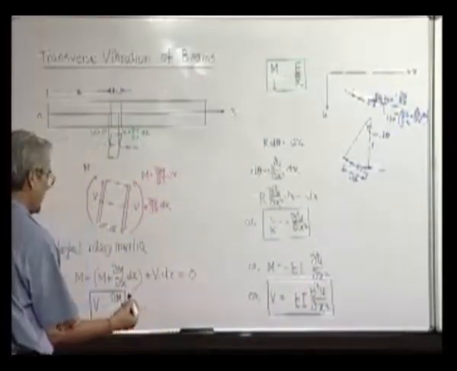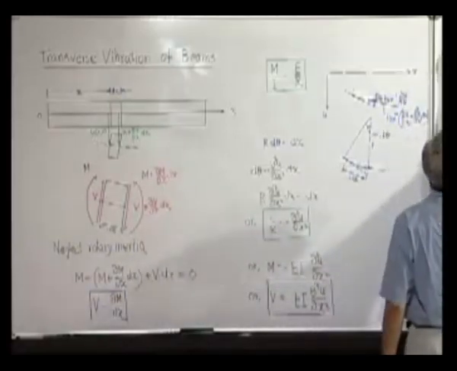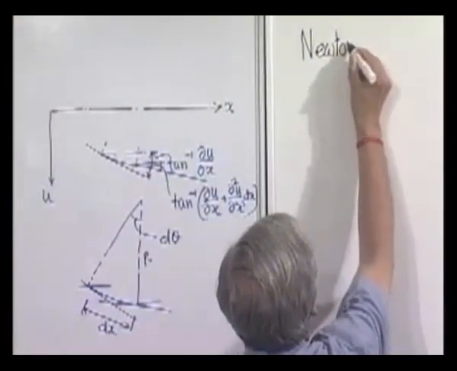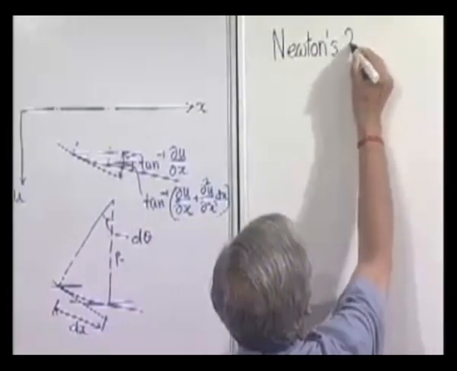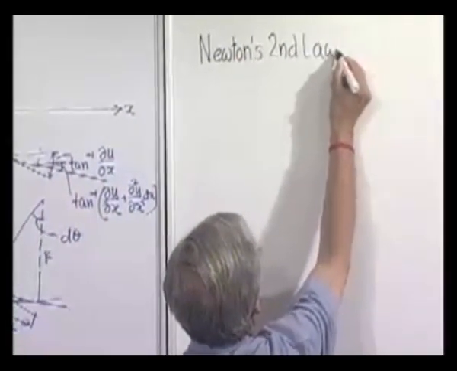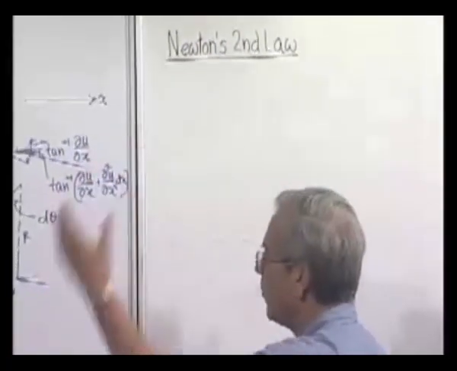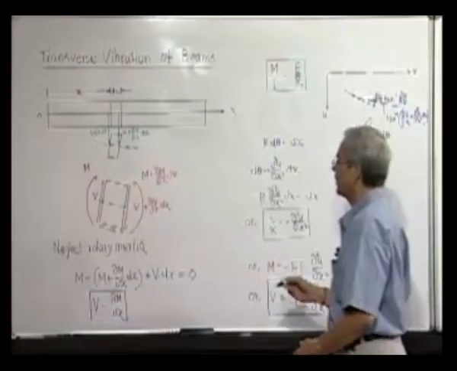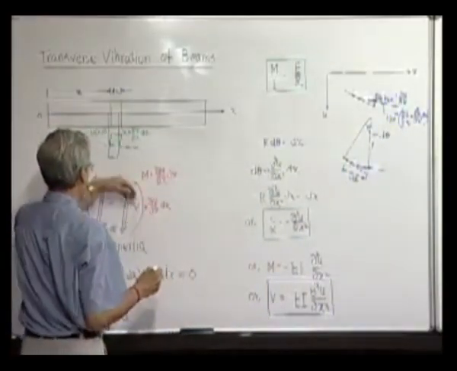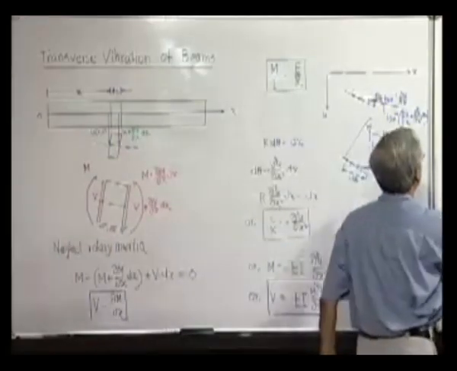Next we come to, again as usual, Newton's second law. So the total force acting on this in the transverse direction is V plus ∂V/∂x dx minus V. So the resultant force is only ∂V/∂x into dx.